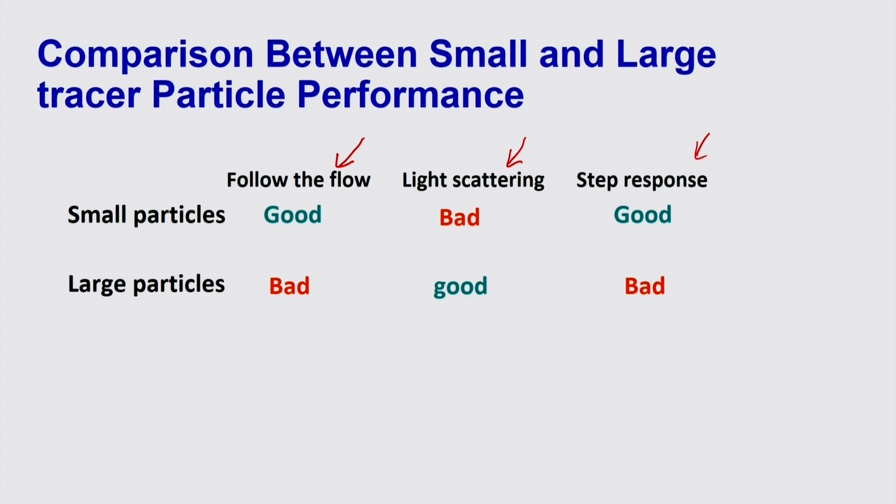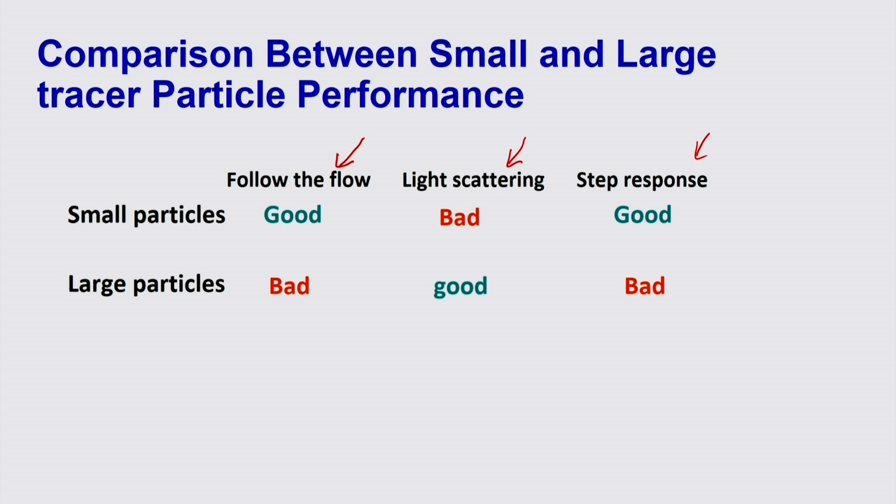In these 3 parameters, if you use a small particle, definitely it is going to follow the flow in a better way. The only thing is the particle should not go to the Angstrom level, where Brownian motion starts dominating and has its own say again. So as long as you make sure you are not going into the Brownian regime, the smaller the particle, the better it is from the flow perspective.